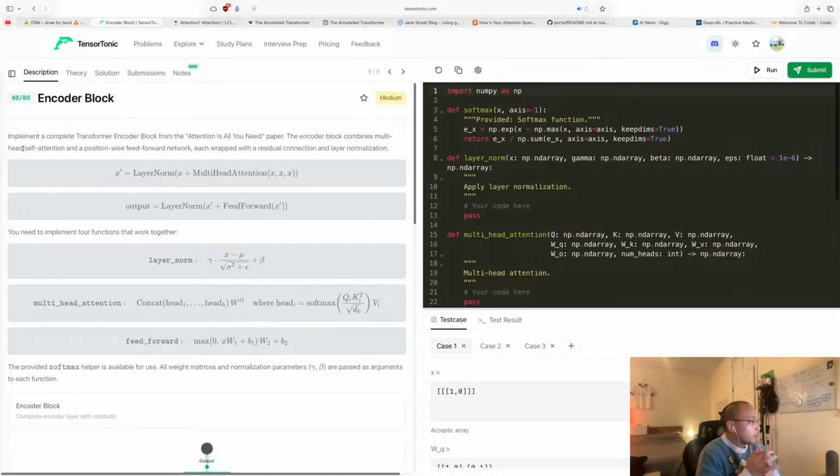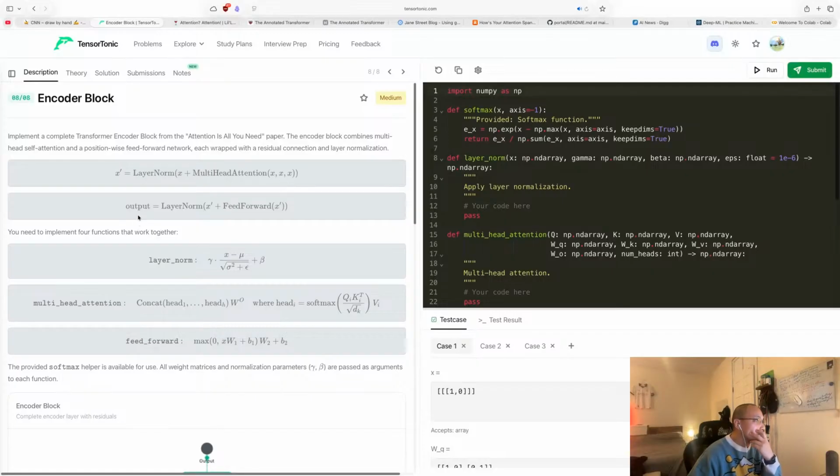Yes, the problem is to implement a concrete transformer encoder block from the Attention Is All You Need paper. The encoder block combines multi-head self-attention and a position-wise feed-forward network, each wrapped with a residual connection and layer normalization, such that x prime equals layer norm of x plus multi-head attention of x, x, and x.